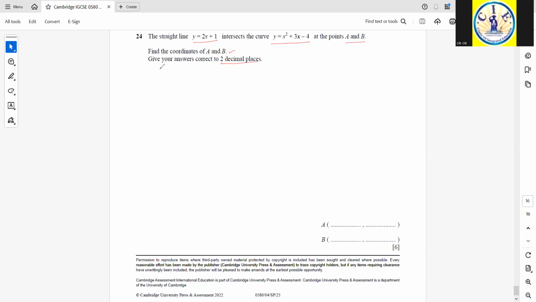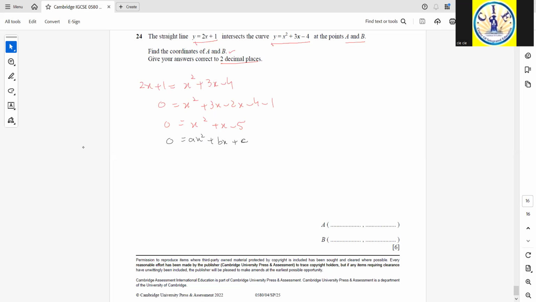Okay, we can replace this value of y here. So we get 2x plus 1 equals x squared plus 3x minus 4. Simplifying it, x squared plus 3x minus 2x minus 4 minus 1 equals 0. X squared plus x minus 5 equals 0. Now let's compare it with ax squared plus bx plus c equals 0.